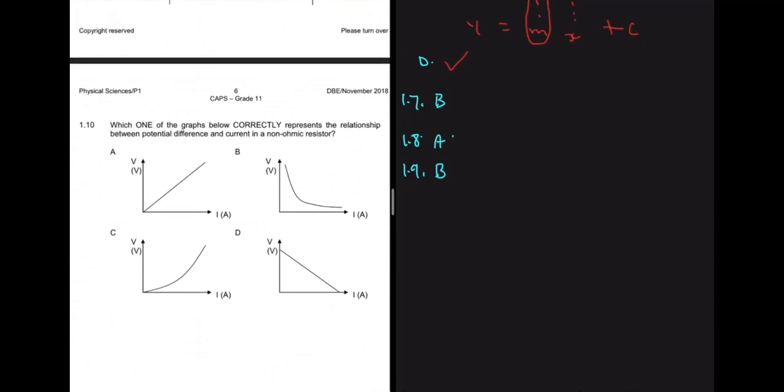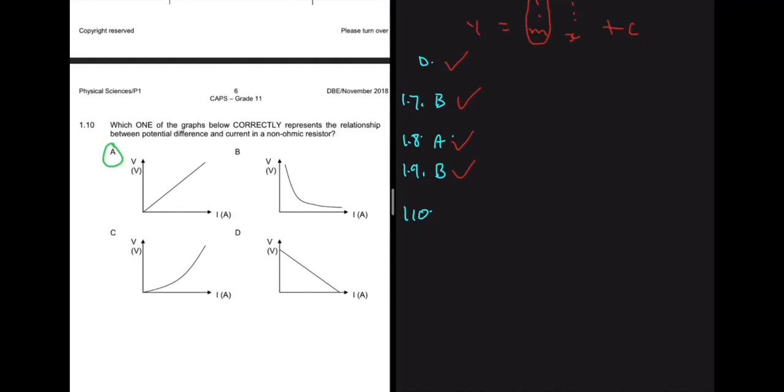And 1.10 says, which of the following graphs below correctly represents the relationship between potential difference and current in a non-ohmic resistor? So if the question was saying in an ohmic resistor, then the answer would be A, obviously, right? And then B, there's no way the voltage can be increasing and the current is going down, right?